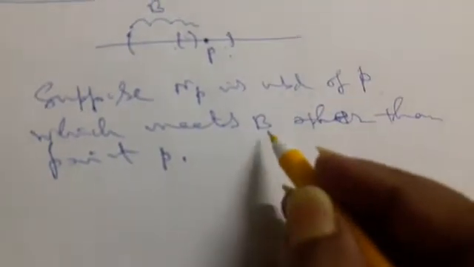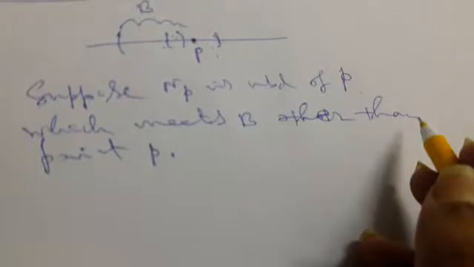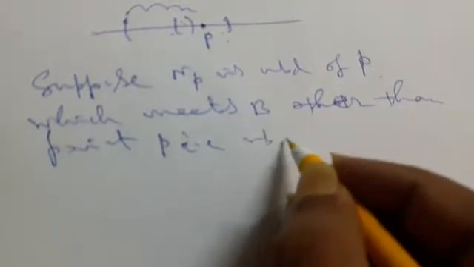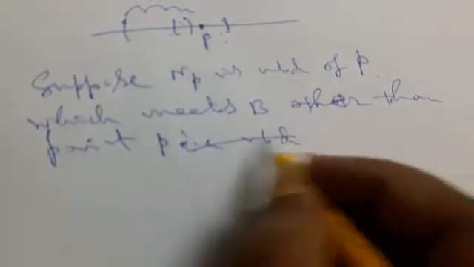If we consider this point P and any set of elements, whatever may be, that meets this point, neighborhood of P meets B other than P, that is, a neighborhood of P other than P. This is our criteria.